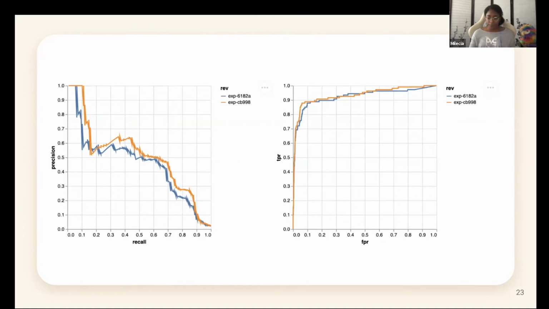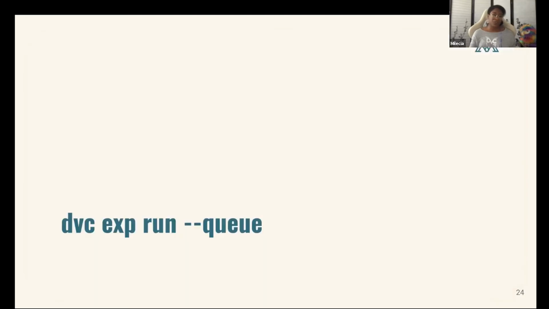So let's say you've talked to your friends and they're like, maybe you should run some more experiments. So we go back, we set up a queue with some more values for our hyperparameters, and we run this.